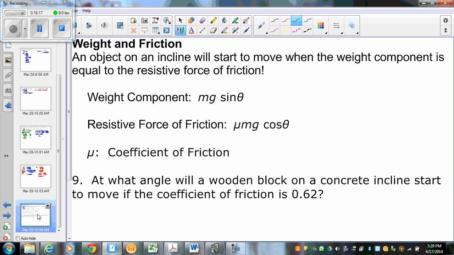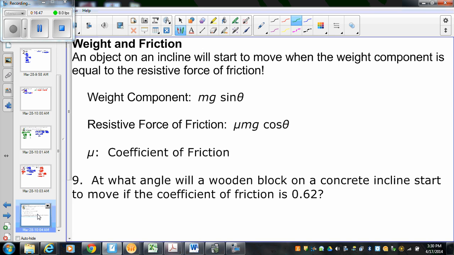So now let's actually try a word problem. This is something that you could use in physics, talking about resistance and a coefficient of friction. You'll learn all about this in physics. It says an object on an incline will start to move when the weight component is equal to the resistive force of friction. So if you have something on an angle, whatever that object is not going to start to slide down the incline until the weight component is equal to the resistive force of friction.